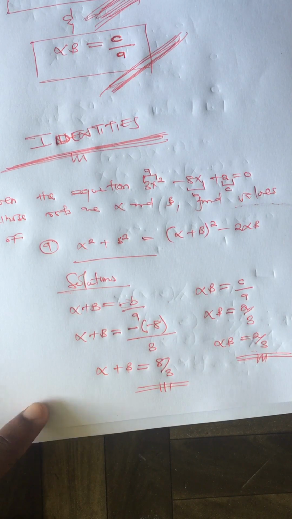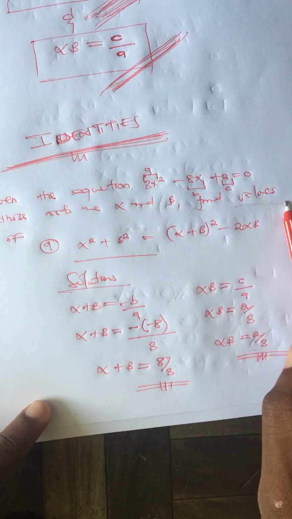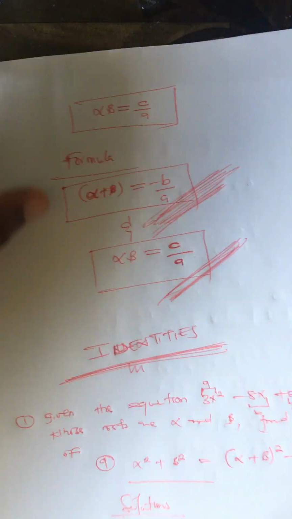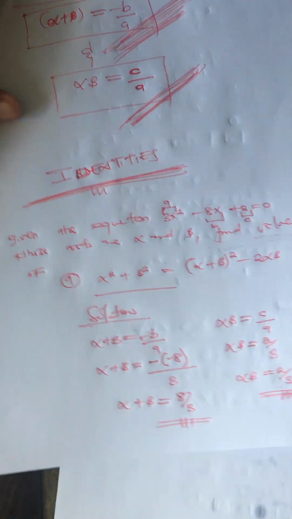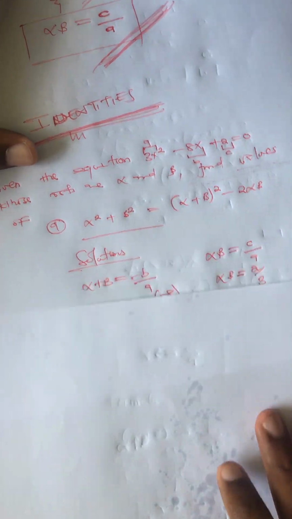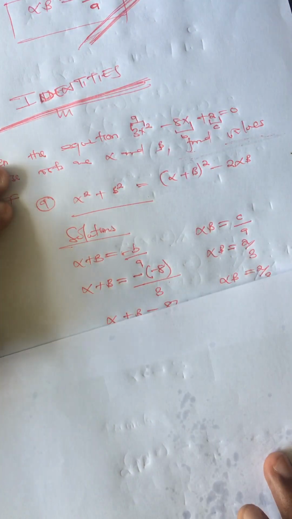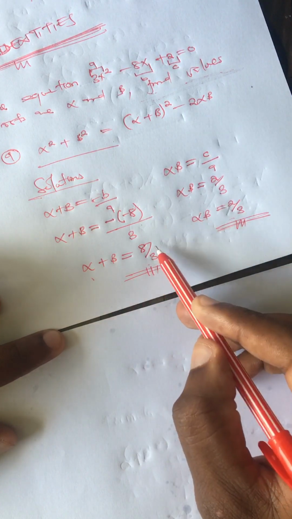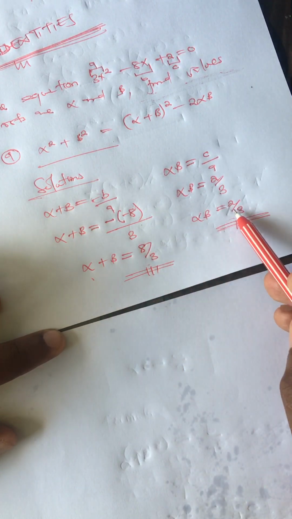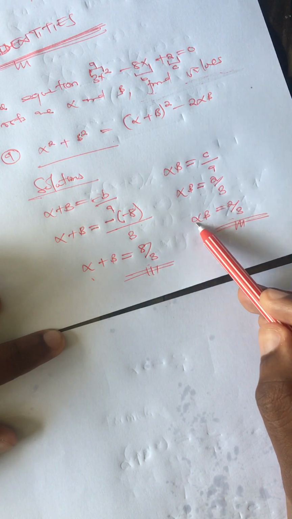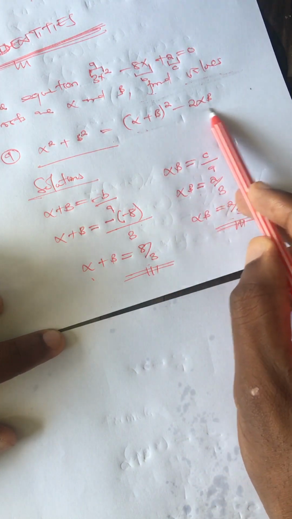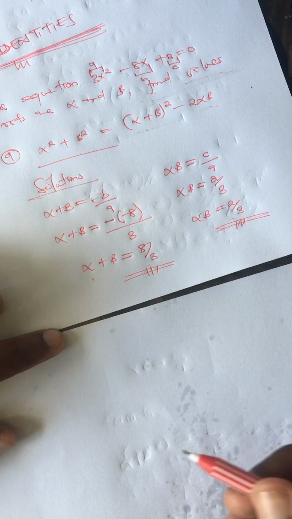Okay, and we have been told to find the value. Since we know alpha plus beta is 8 over 3 and alpha beta is 2 over 3, we can replace them now so that we can find the value.